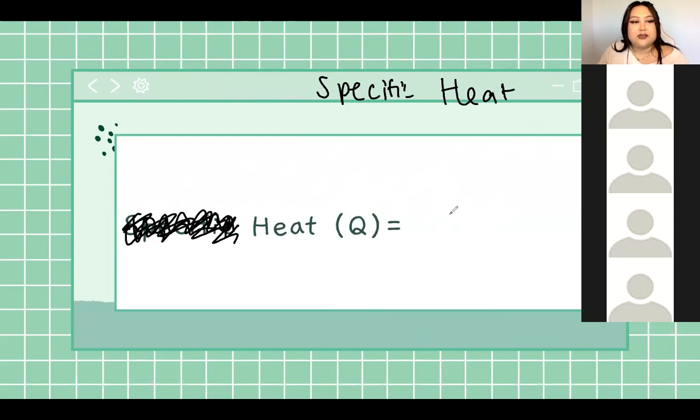Yeah, I believe when that is rearranged, it will be the heat equation. So Q equals m c delta T. So this is what?